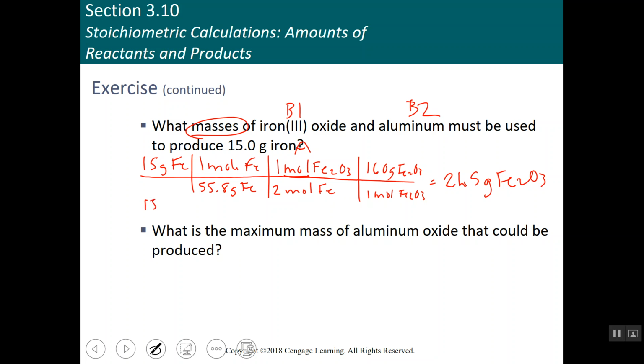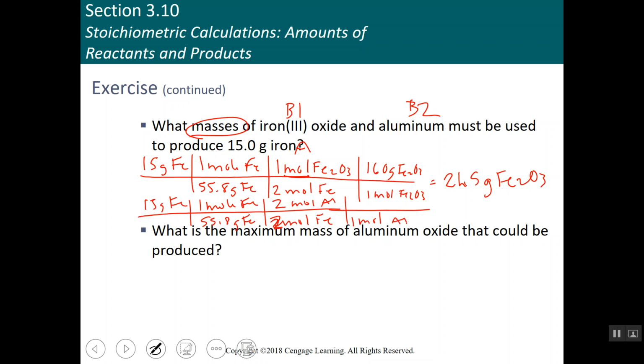Okay, start off the same way with the next part of the problem. So 15 grams iron, 1 mole of iron has a mass of 55.8 grams of iron. And again, I'm dealing with iron, so 2 moles. What is it I want to go to this time? I want to go to aluminum. The number in front of aluminum is a 2 as well. And then I finish off with aluminum.